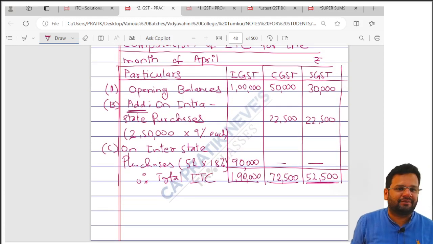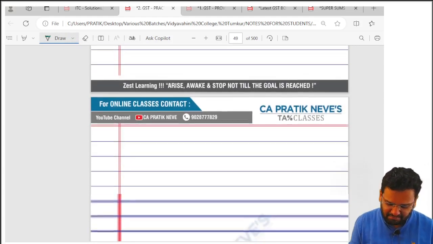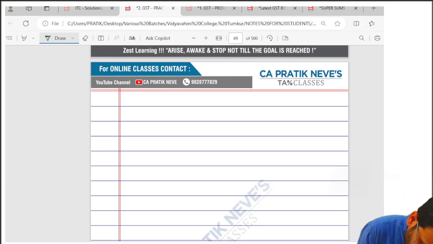Sure, done till this point. So write down net GST payable. Computation of net GST payable.